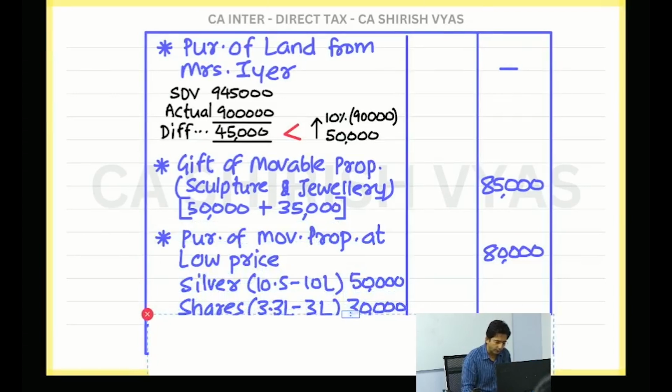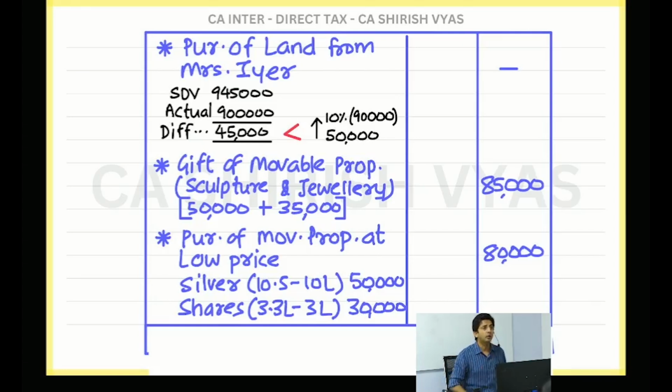You don't have to worry much about the presentation. You can do it a little bit in your own style. The law doesn't make any rule about presenting like this or like that. Presentation is your own style, like this is my style. You can have your own style. The figure should be correct. And I am maintaining one policy: for free items, I am starting the sentence with gift, and for low price items, I am starting the sentence with purchase.